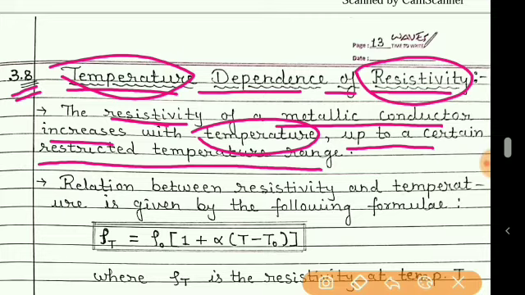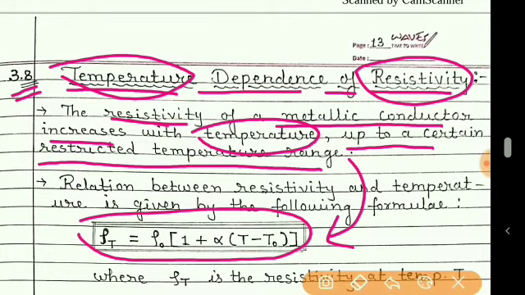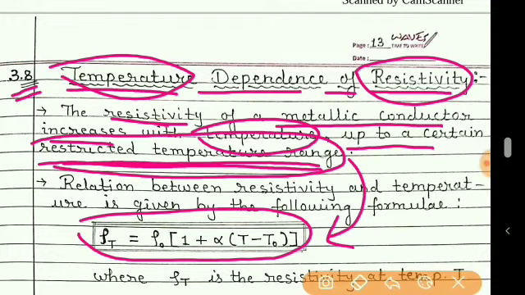For very high temperature it is not valid. This formula which we are going to use for temperature dependence of resistivity is only valid for some restricted temperature range. For a large change in temperature this formula is not valid.